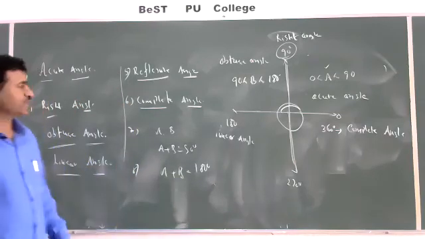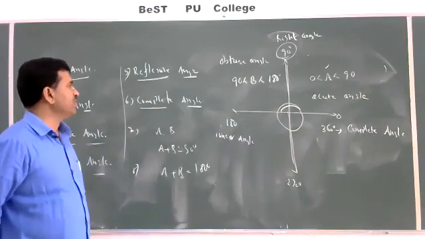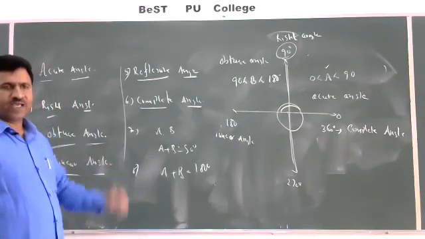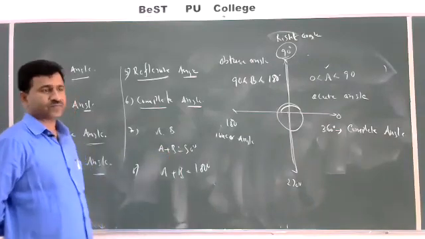Note, two angles A and B are said to be complementary if A plus B is 90 degrees.